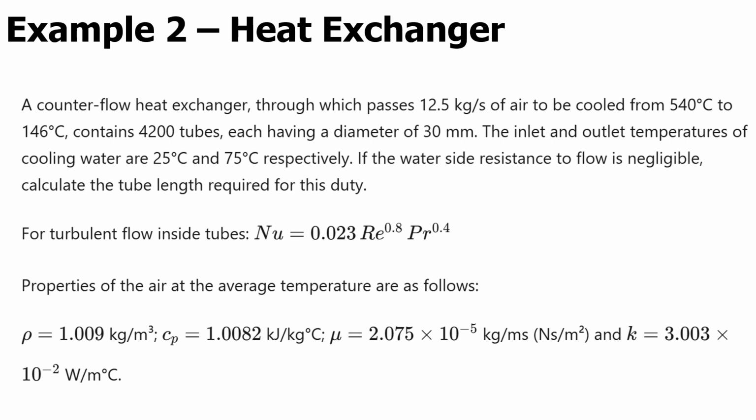Specific heat capacity is 1.0082 kilojoules per kilogram degree Celsius. Dynamic viscosity, mu, is 2.075 times 10 to the power of minus 5 kilogram per meter second. And thermal conductivity, K, is 3.003 times 10 to the power of minus 2 watts per meter degrees Celsius.